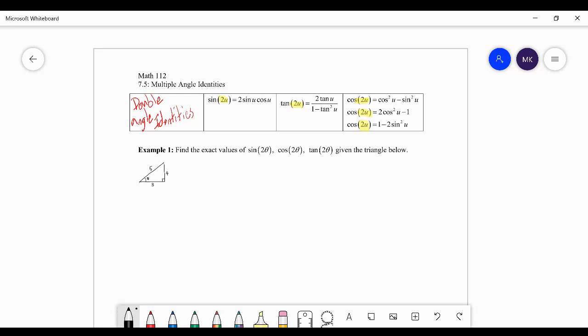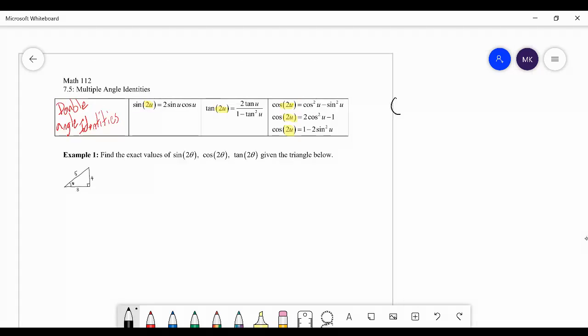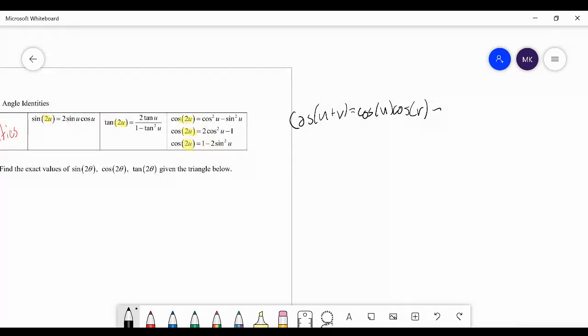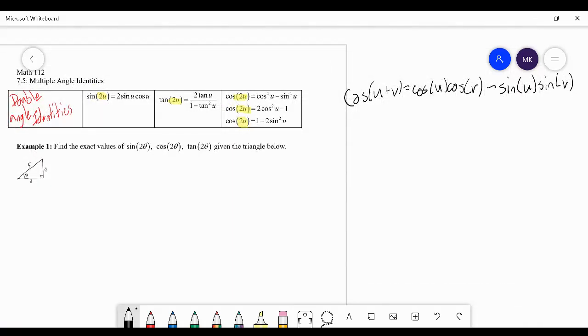Because if you remember, cosine of u plus v was cosine of u times cosine of v minus sine of u sine of v. And if u and v are the same, as in this case 2u, so we'd have u plus u, we have cosine of u times cosine of u, it's cosine squared, sine u, sine v, and go from there.